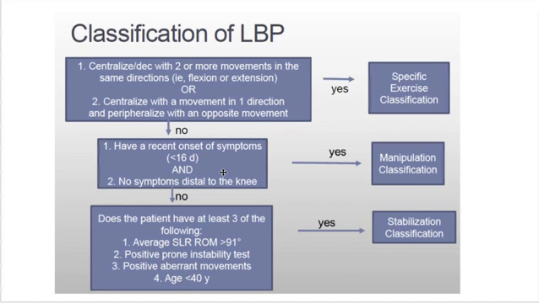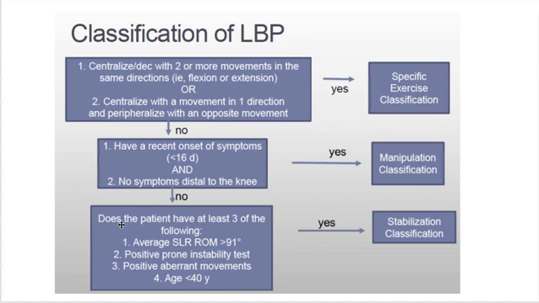For manipulation, if there is no preferred direction and the onset was relatively soon, within less than 2 weeks, and there's no symptoms distal to the knee, then manipulation is a good choice for some immediate pain relief.